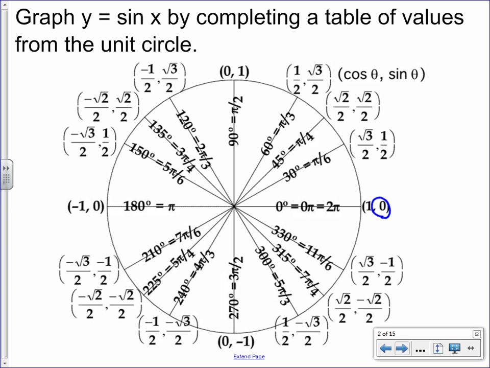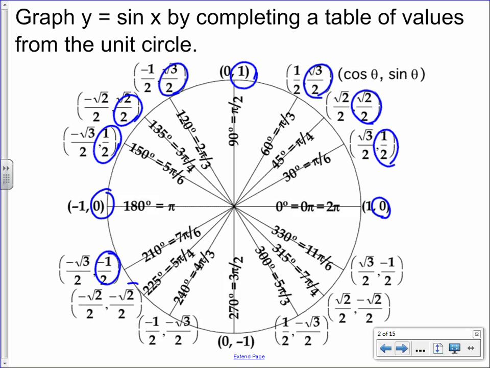As our angles get bigger, these numbers get bigger until we reach 1. Once we get to pi over 2, what happens to our y values? They get smaller until we get back to 0. And then they get negative. We go to -1. And then we rotate back to 0.